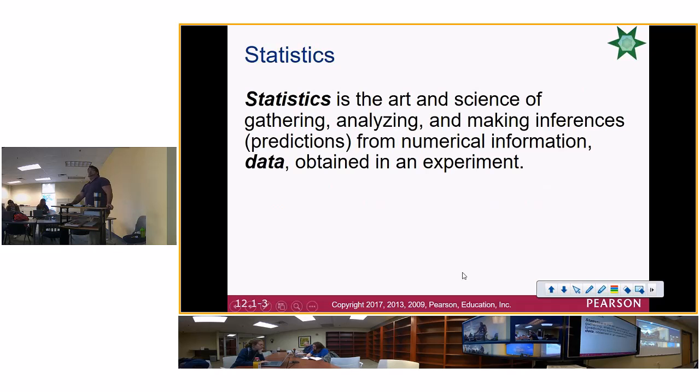You have to use basic math skills to do statistics. Now notice that the word Statistics, this is a test question, is capitalized. When it is capitalized, it is the science of gathering, analyzing, and interpreting data.